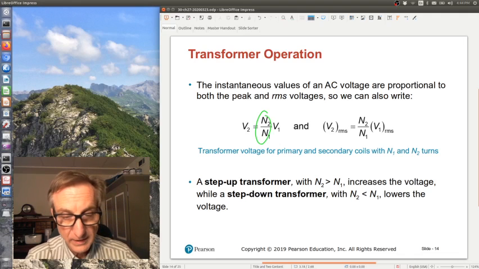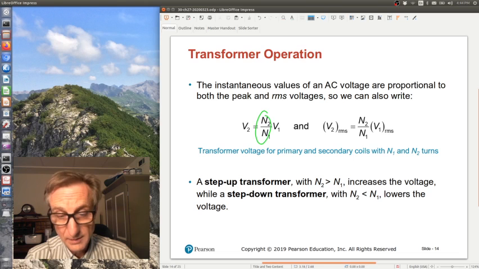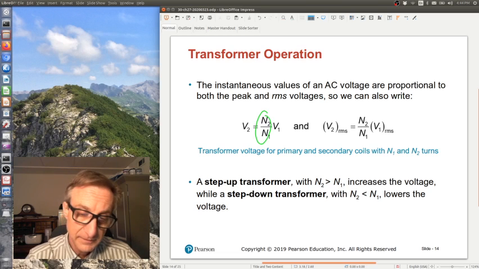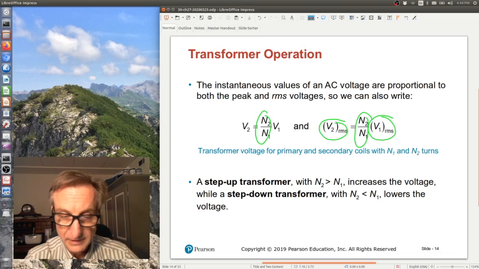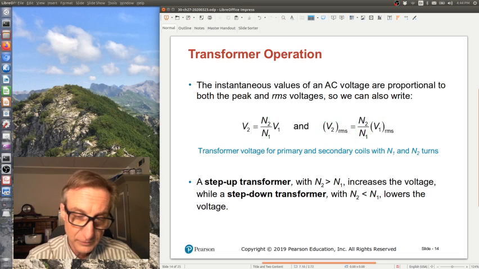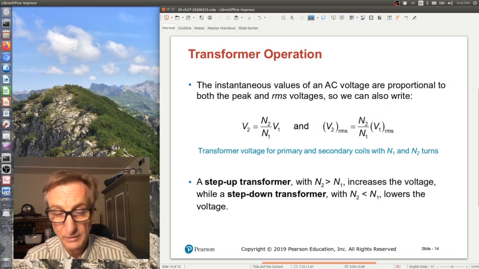We can likewise say the same thing about the RMS quantities because they scale with each other. The RMS quantities are simply equal to the peak values divided by the square root of 2. So the RMS value V2 is also equal to N2 over N1 times the RMS value of V1. So the RMS voltage in coil 2 is equal to the RMS voltage in coil 1 modified by the ratio N2 over N1. Notice if N2 and N1 are equal to one another, there's no difference in the voltage.